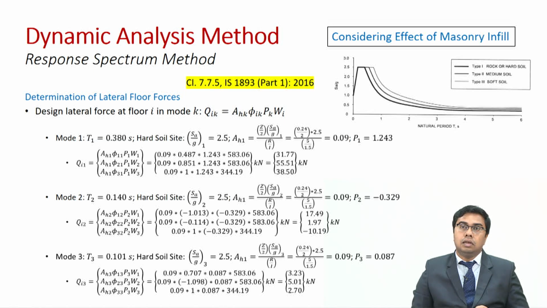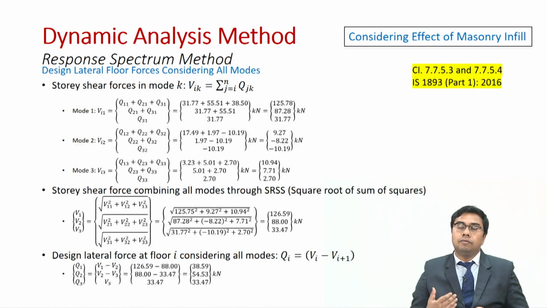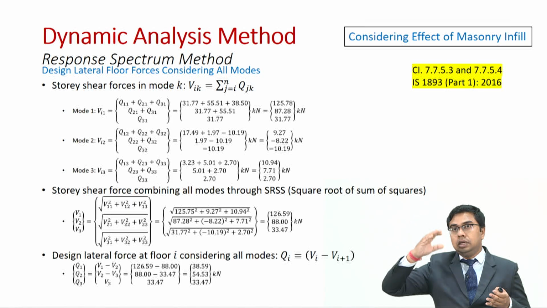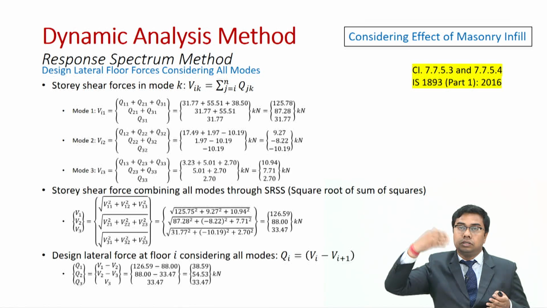Now, we shall look forward to combine these modes. How should we combine that? First of all, we need to calculate the story shear forces. How do you calculate a story shear? The story shear in any story shall be equal to the sum of all the forces acting above that story.